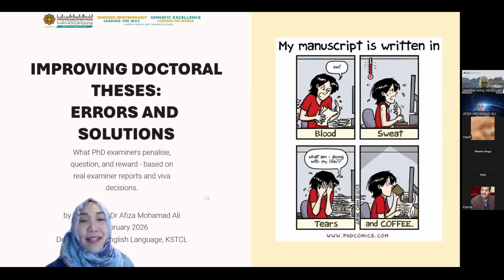Worst case scenario. But today we're not looking at the viva, we're looking at the written thesis. All of the theses are clearly hard worked, but they still receive major corrections, not because the topic is weak, but because the argument is not defensible.